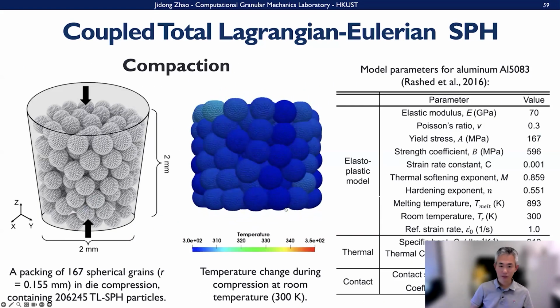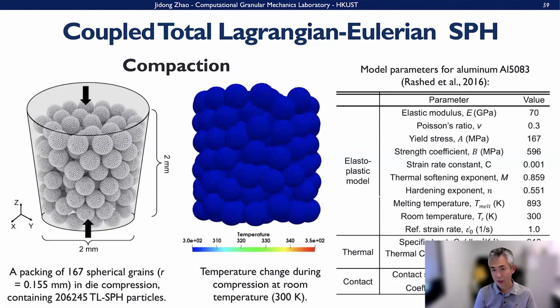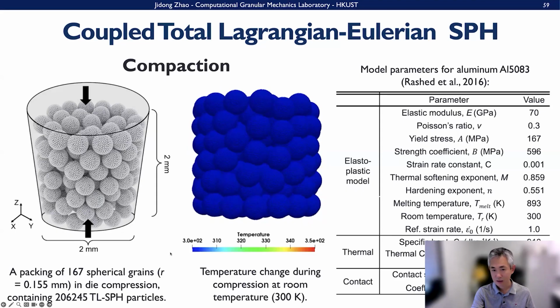Now let's look at how we can use this coupled total Lagrangian Eulerian SPH to simulate thermomechanical behaviors and do this decompression. It's a quite similar model. We compress it, and during the compression we see that the compression can change the temperature and generate heat.